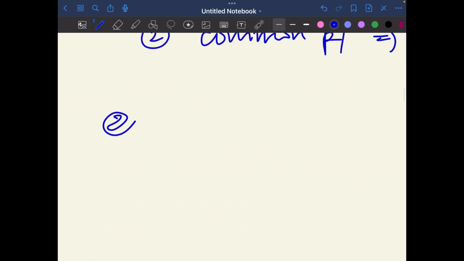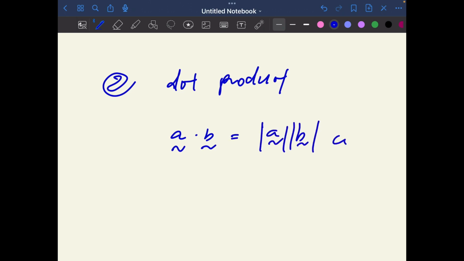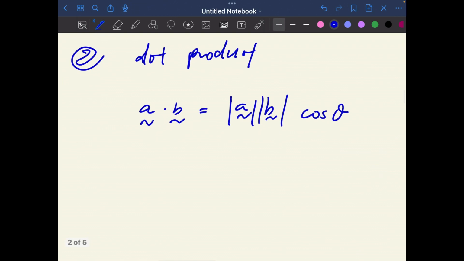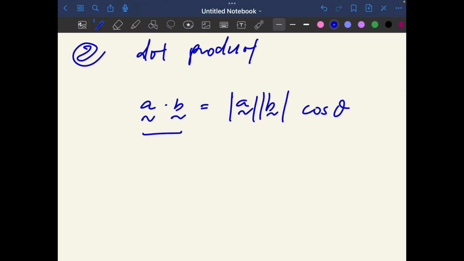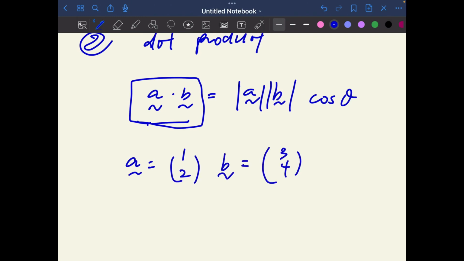Secondly, we have the dot product. This is also called the scalar product because it gives a scalar. The formula is a dot b equals mod a mod b cosine theta. The algebraic expansion of a dot b is, let's say a equals (1, 2) and b is (3, 4).